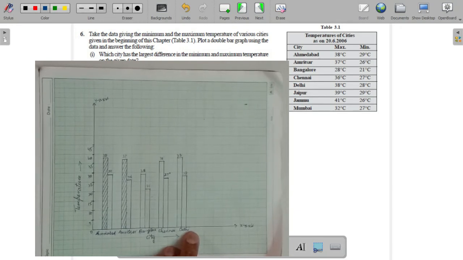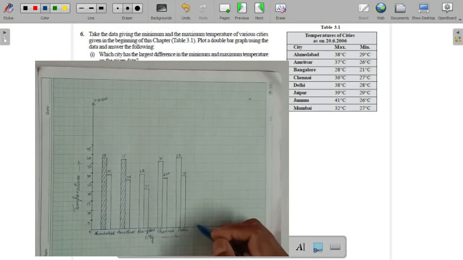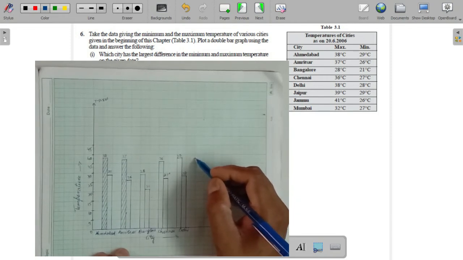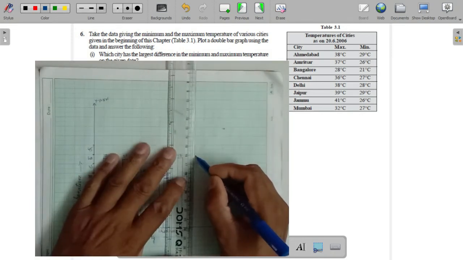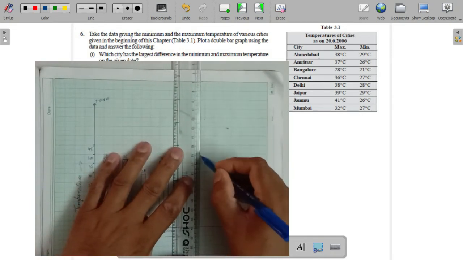Maximum temperature is 39 degrees Celsius. Where 39 will come after 35, you have to take 8th division, that is 8th line, and join this. Then join 5th line.